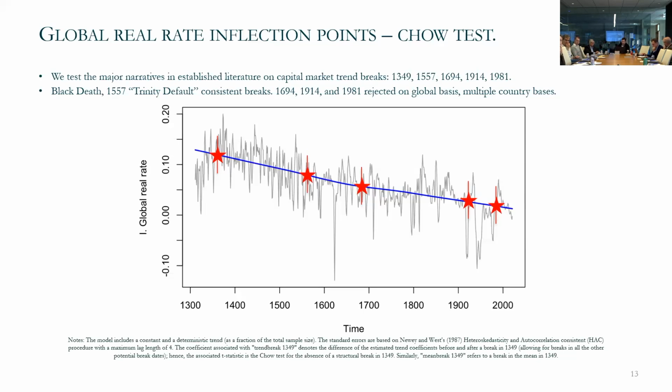Okay, what you see here now is our investigation of the trend breaks, the inflection points in the series. These red flags that you see are the 5 major inflection points that we test, based on a huge literature in economic history and finance, etc., that has made large claims about each of these 5 points over time, beginning with the Black Death in the 14th century.